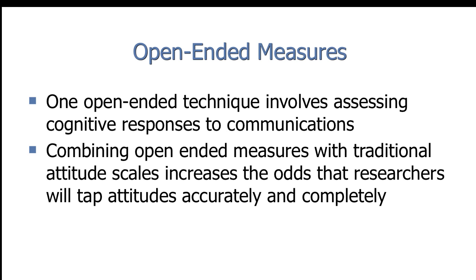What about open-ended measures? One open-ended technique involves assessing cognitive responses to communications. Combining open-ended measures with traditional attitude scales increases the odds that the researchers will tap attitudes accurately and completely.